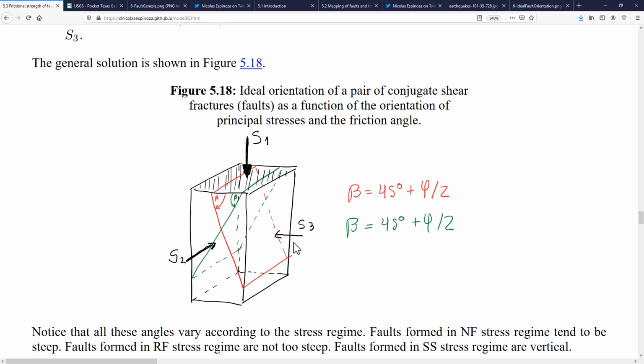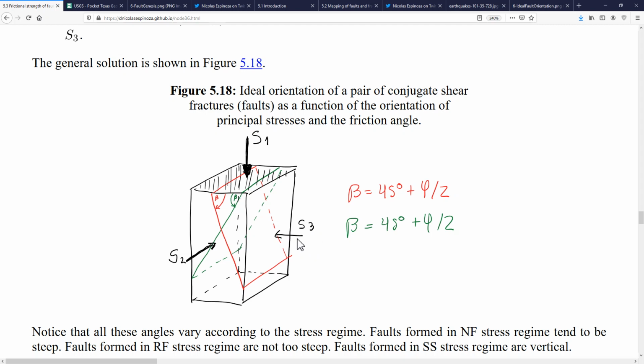And what we see in this example is that according to the shear strength and also according to conservation of energy and minimization of work, the least amount of work, the direction in which I should have this fracture is such that when it moves, it goes not only down, but also in the direction of the minimum principal stress, S3. And that's why this line, in this case the strike, is perpendicular to the direction of the least principal stress.